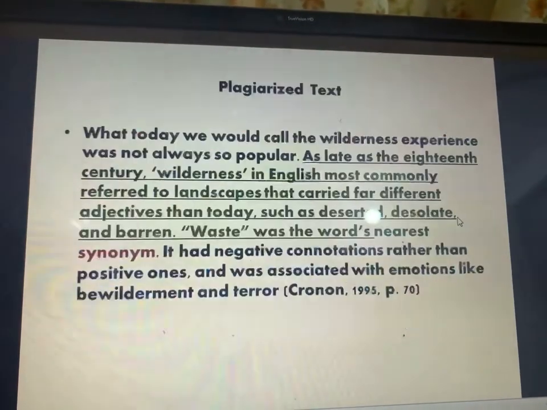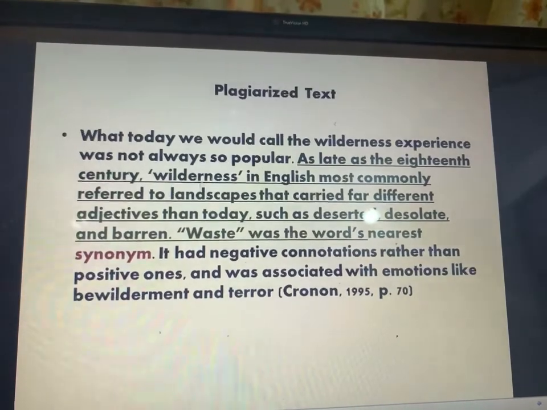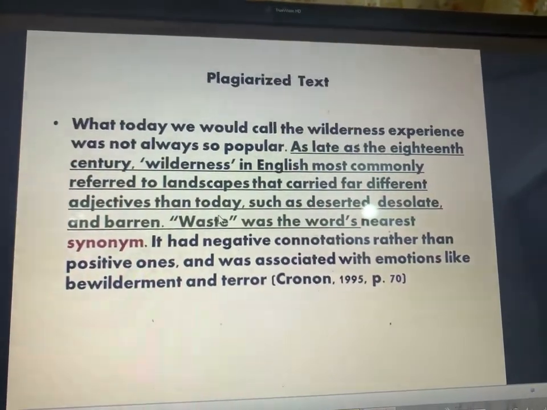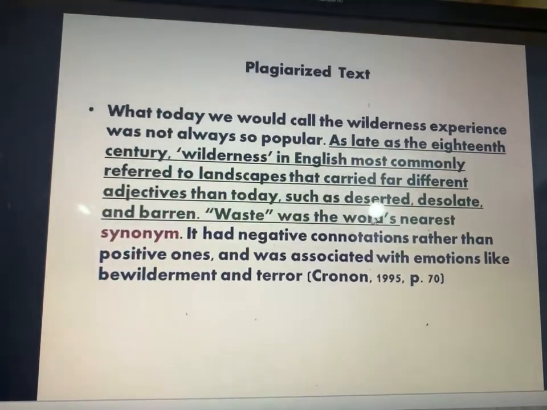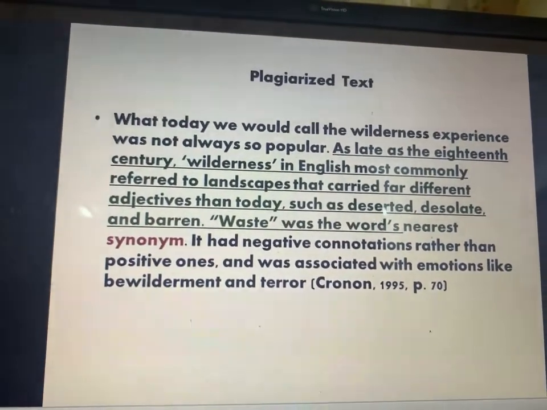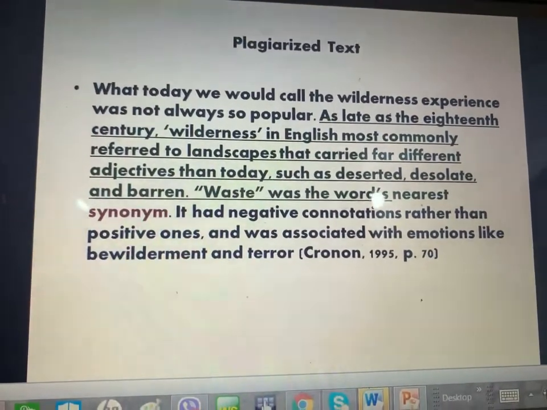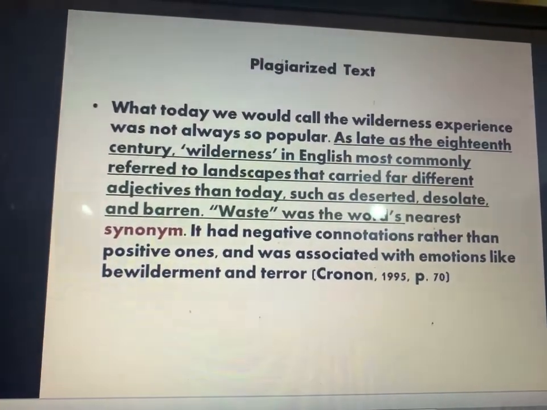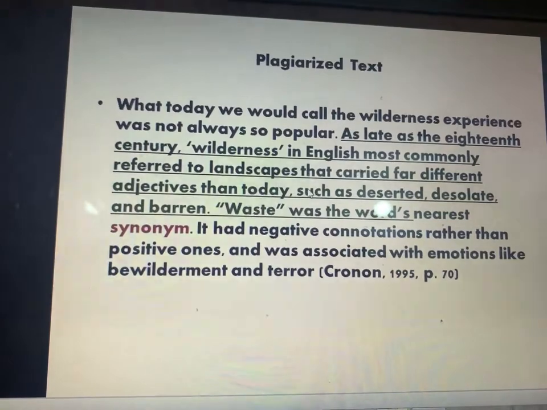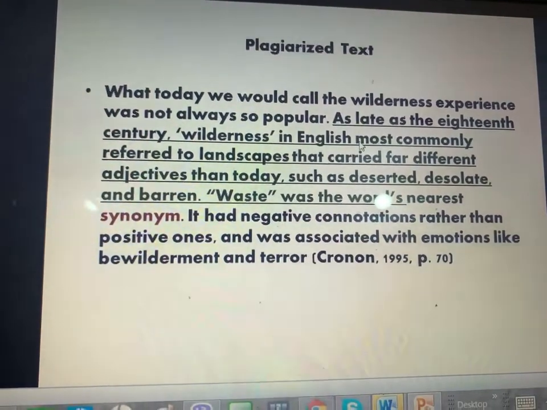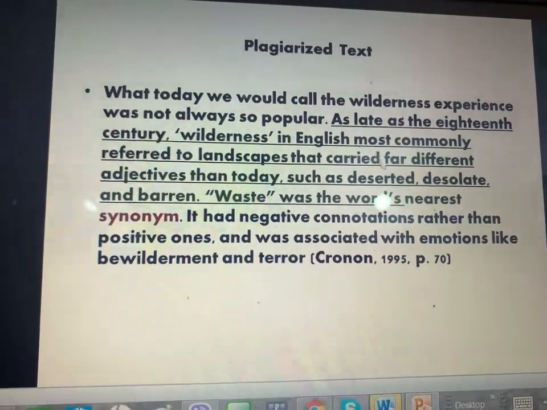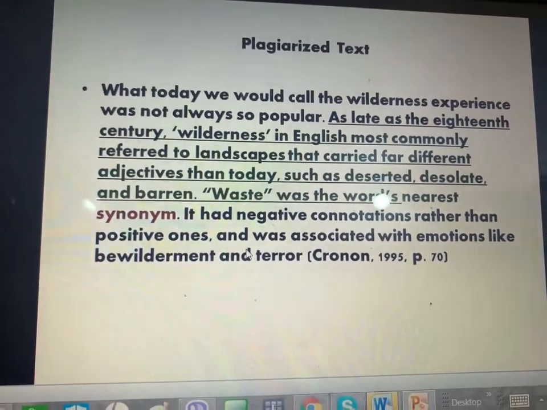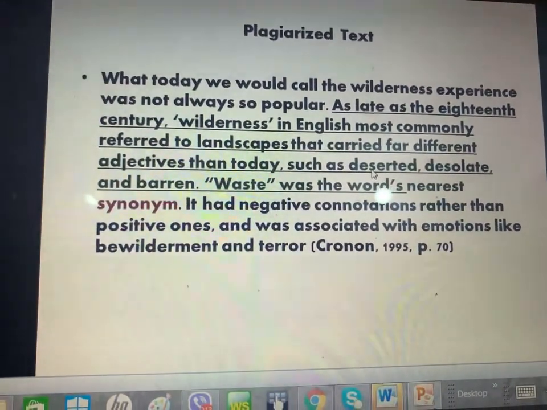As the late 20th century, wilderness English most commonly referred to landscape that carried fear. Look, the words are kind of the same words of the original text. So that's why the text is considered plagiarized, because the researcher did not restate the whole thing. He just restated sentence number 1 and sentence number 3, while sentence number 2 is the same.